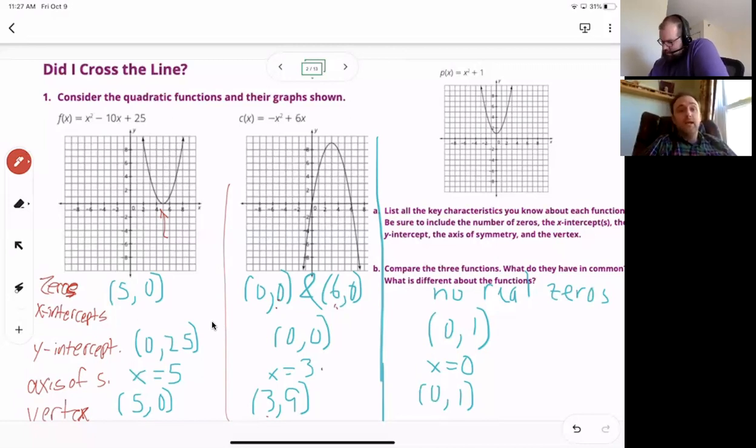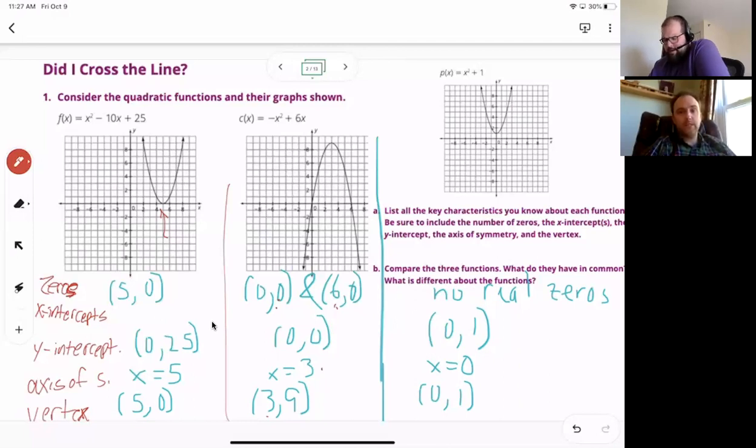Cool. So we're supposed to compare the three functions. What do they have in common? What is different? So the commonalities I see is they're all parabolas. I agree. They all have a y-intercept. They do. They all have an axis of symmetry. They do. And they all have a vertex. I agree. They do not have the same number of real zeros, or the same number of graphed zeros, you could call those.